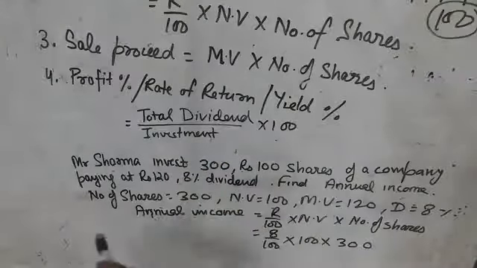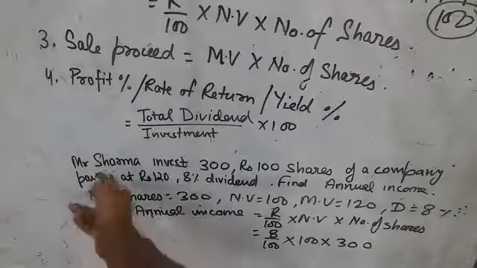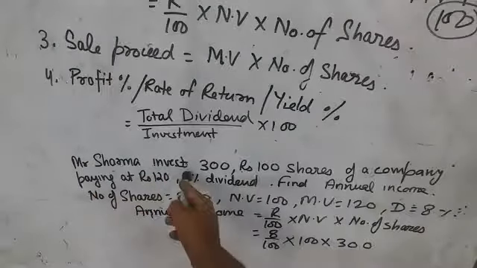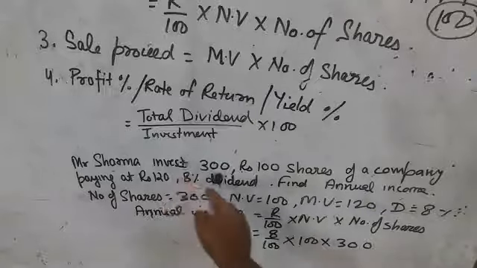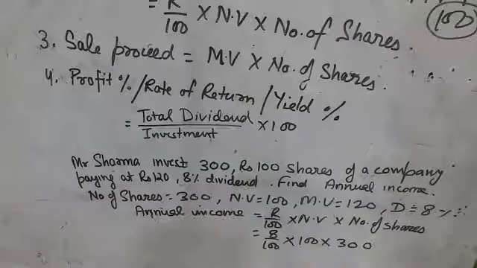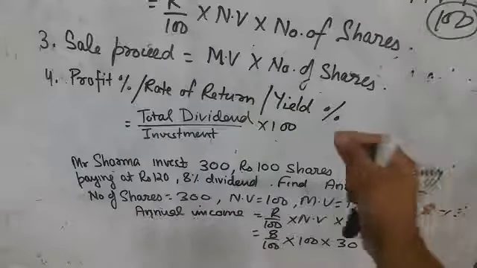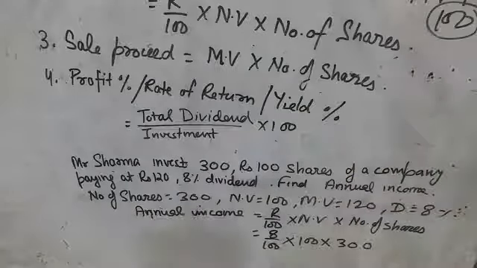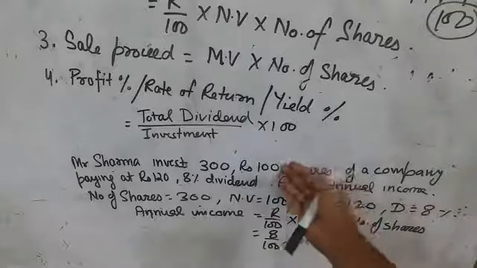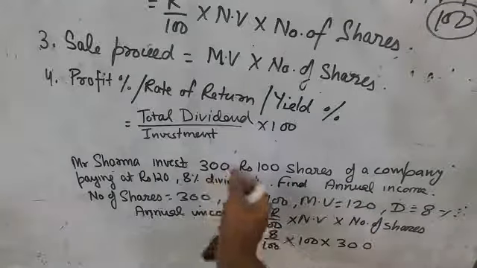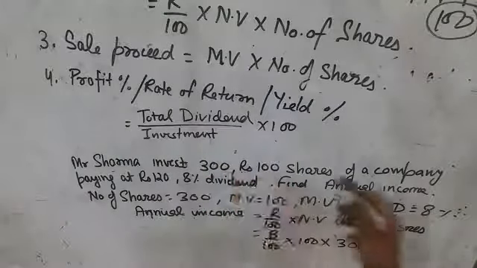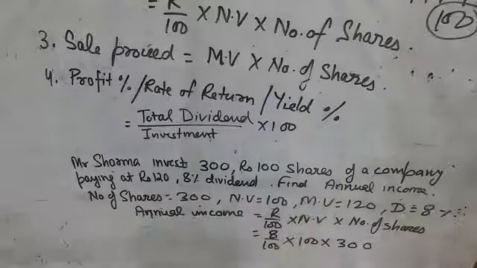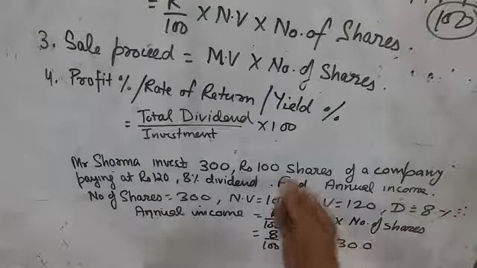I'm taking one question. Again, Mr. Sharma has come. Mr. Sharma invests 300. Now, in this chapter, we have to learn how to identify these terms, because this is a different language in which we have to search for specific words.